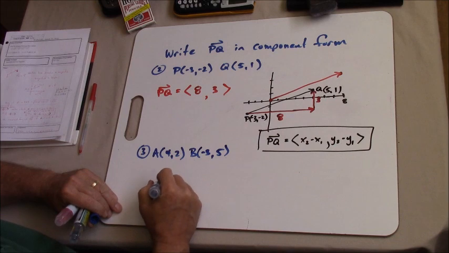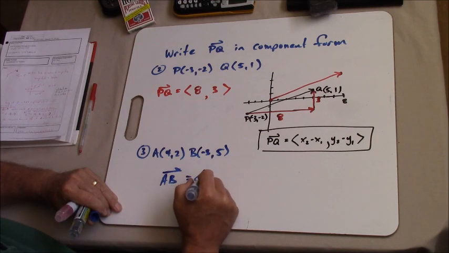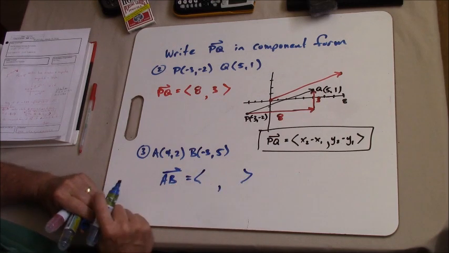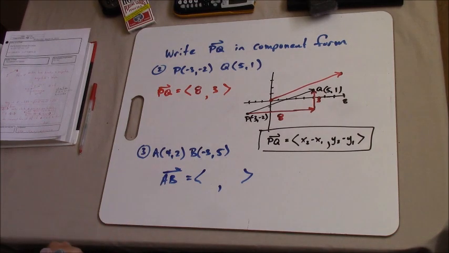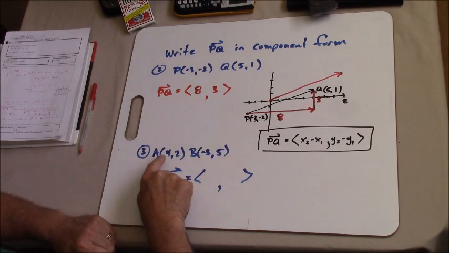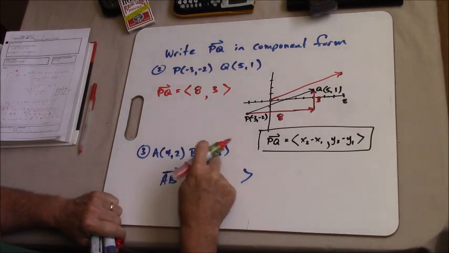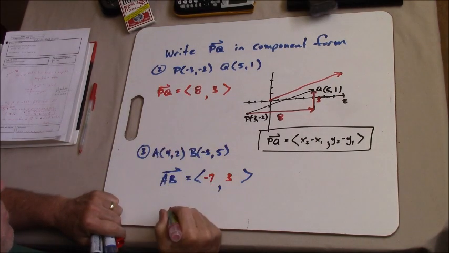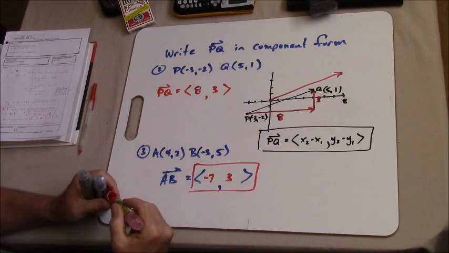And so we want the vector that starts at A and goes through B, we want to be able to write that in component form. You guys go ahead and try it. So if I just do -3 minus 4, that's -7, and 5 minus 2, that's 3. There it is, done. Didn't even have to draw a picture.